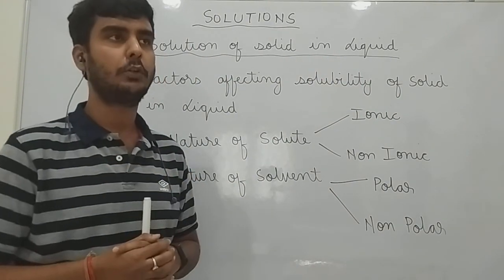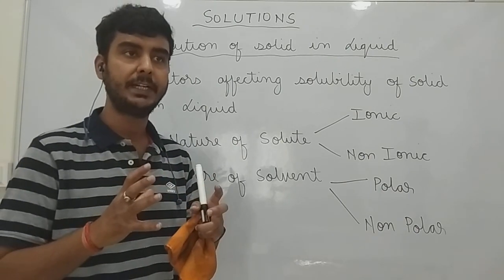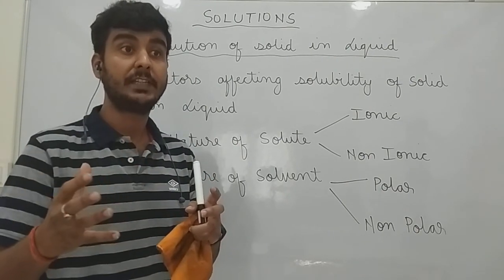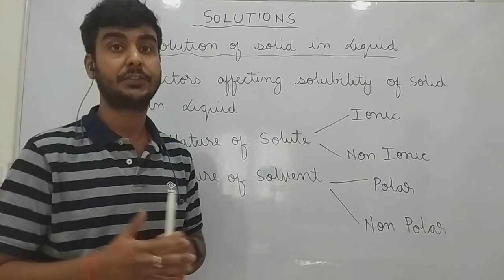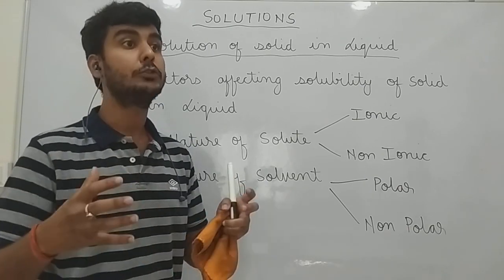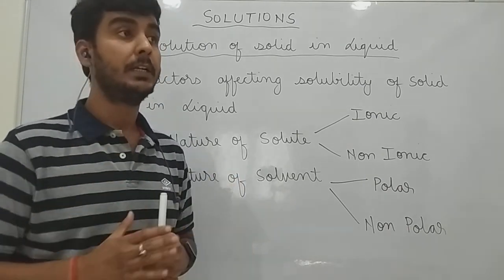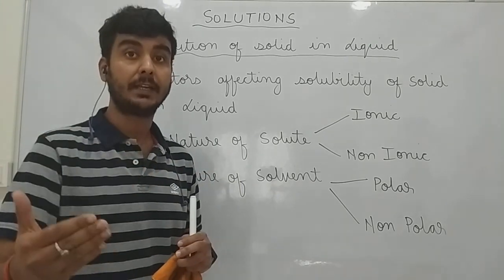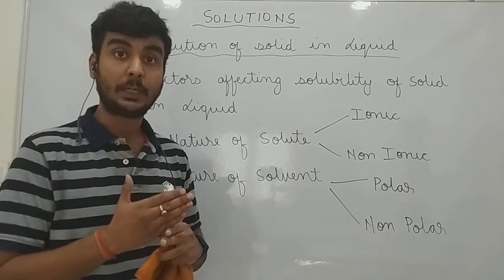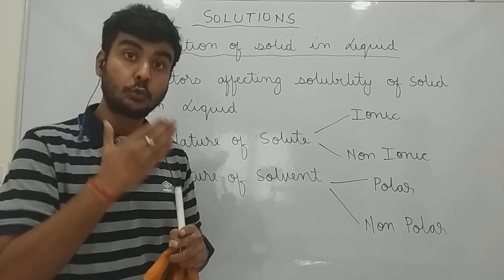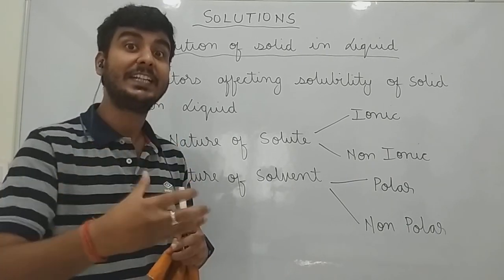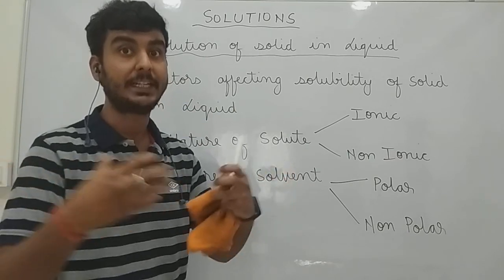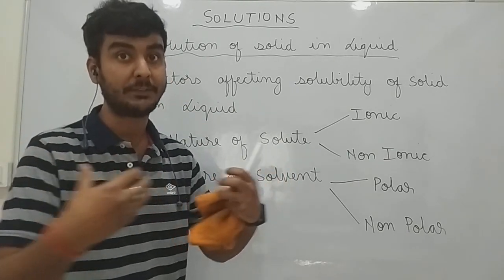Now what is dielectric constant? It is the property of the medium which affects the electrostatic force of attraction between the molecules, or you can say ions. So if dielectric constant is going to be higher, then that liquid or solvent is going to effectively reduce the interaction or force of attraction between the ions.